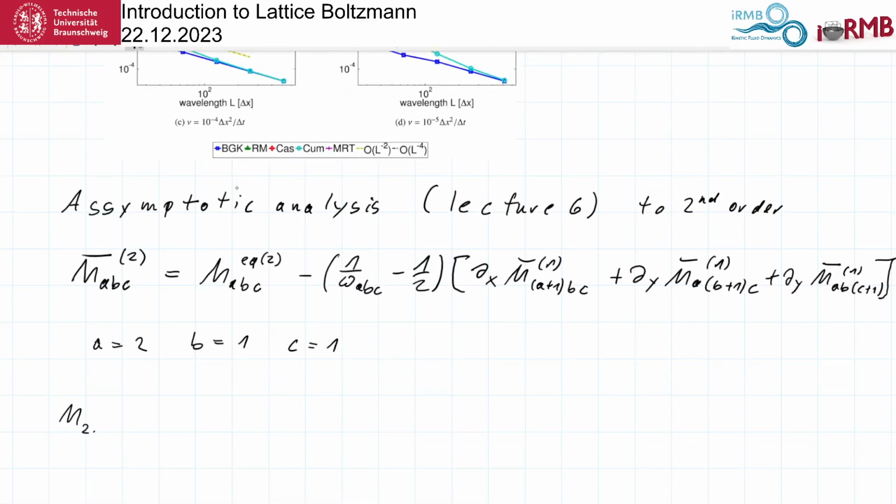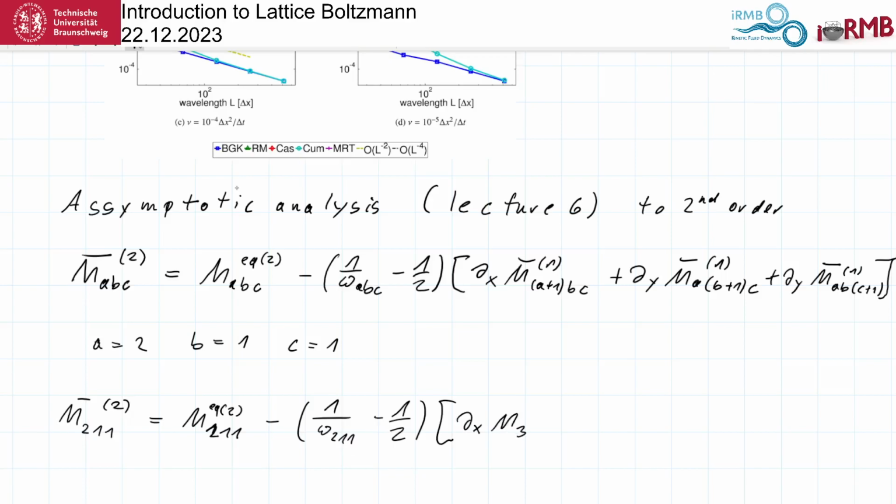It's M211 to second order is M211 to second order equilibrium minus 1 over omega, if this is the rate, then dx M311.